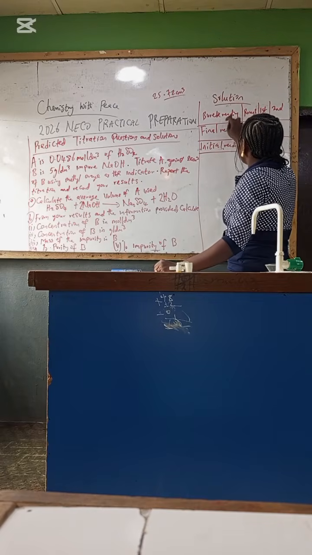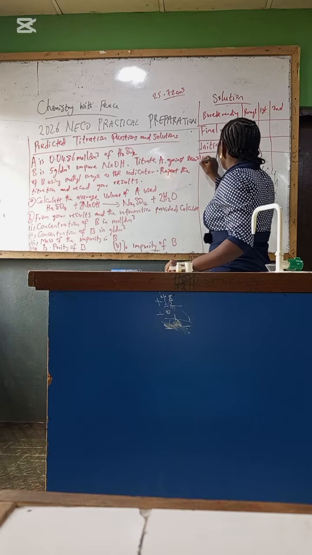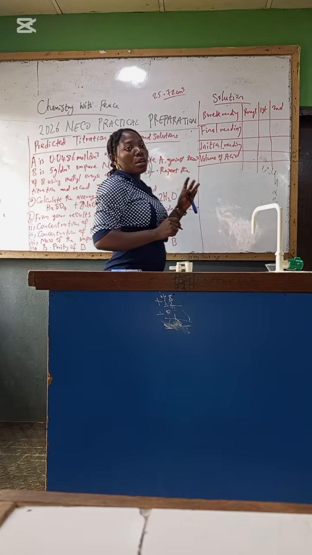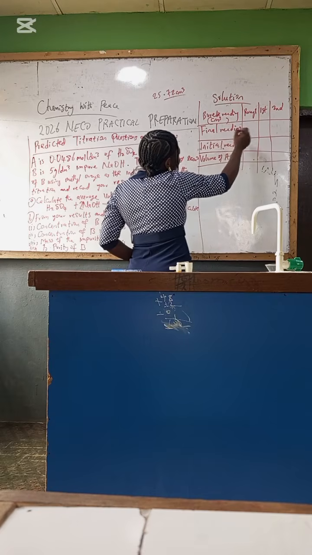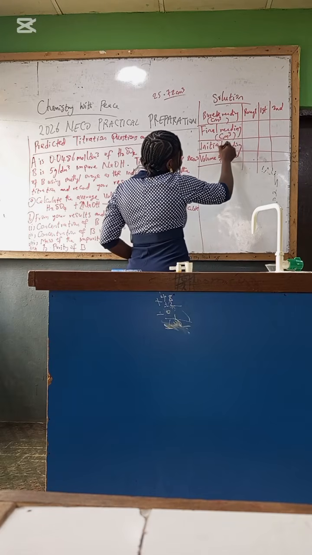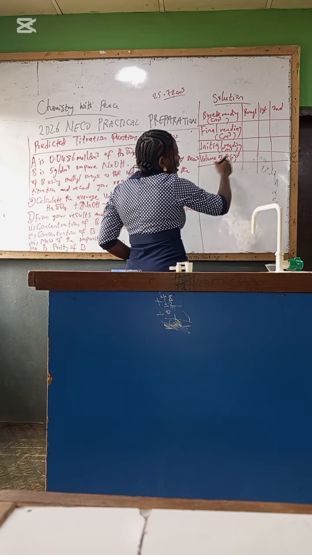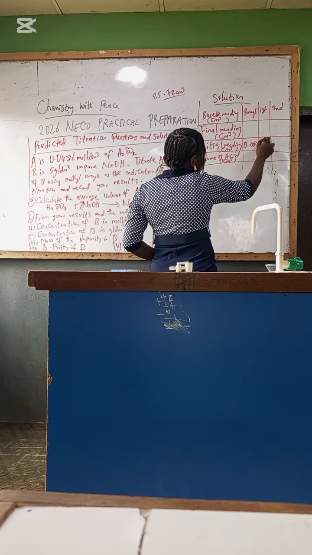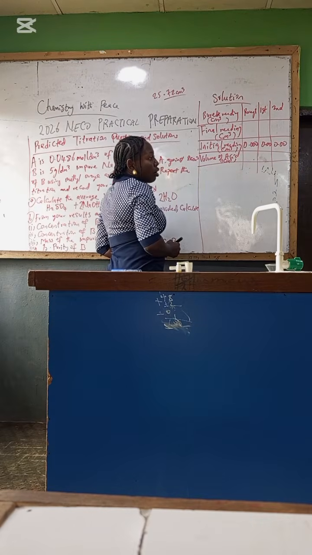We have our burette reading, final reading, initial reading, then volume of acid. And remember your table must be in units. It must be in centimeter cube. Then this is initial. I'm starting at 0.00 for all.